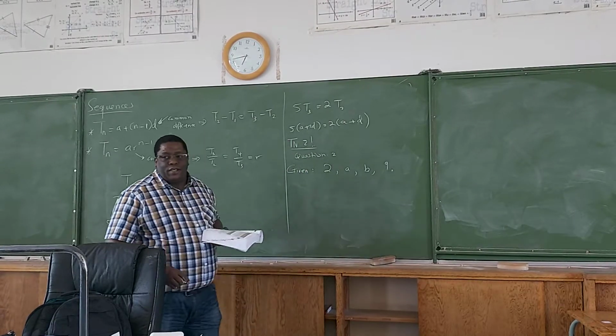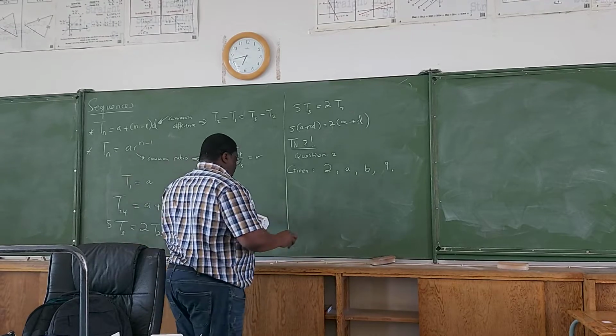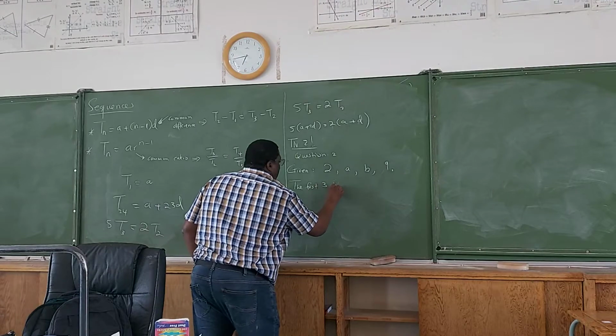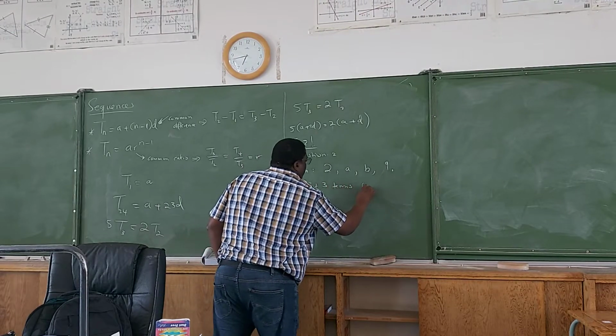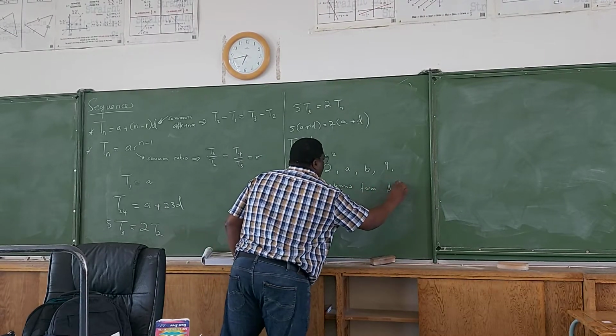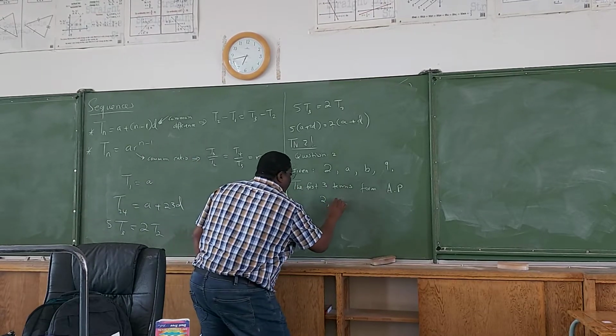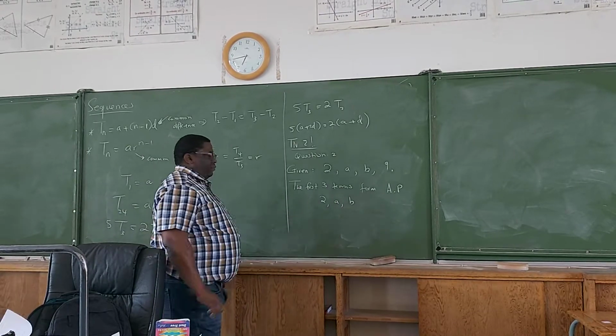Here's the key. The first 3 terms form an AP. That is 2, a, b.